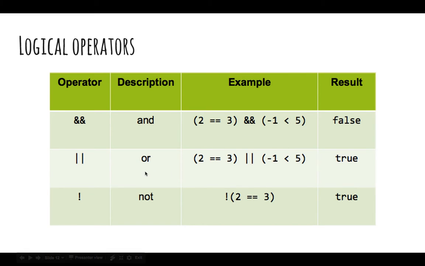Similarly down here for OR, we've got this exact same expression, but this time it's false or true. And OR just needs 1 of the expressions to be true. And so that one evaluates to true. And then NOT, which is the exclamation point, which we sometimes call bang, is something that just flips the value. So 2 equals 3 is false, and then NOT flips the value to true. That's how that works.